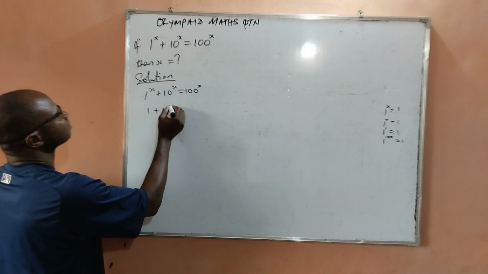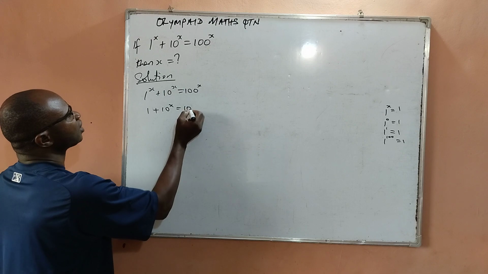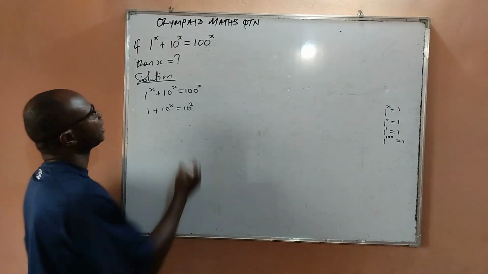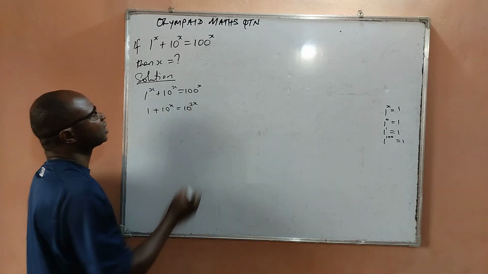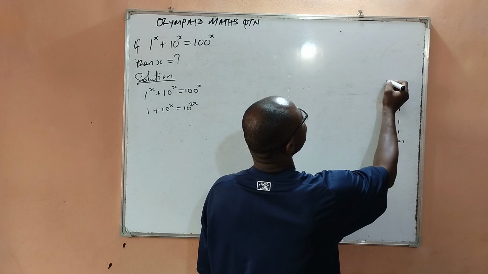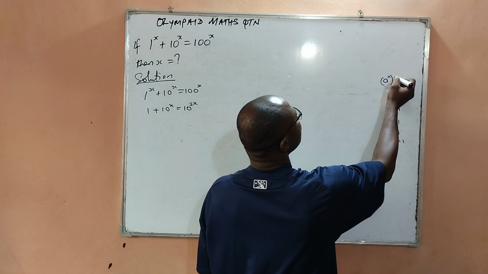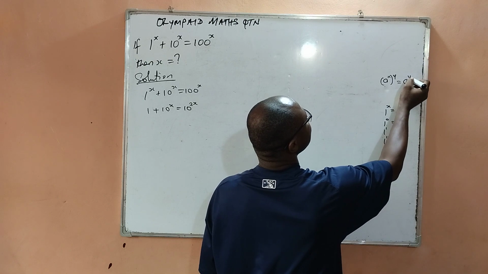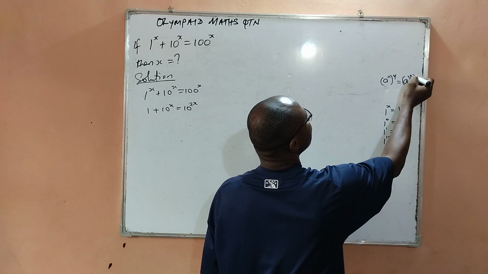Then plus 10 raised to power x equal to 100, and 100 is 10 raised to power 2, multiplied by x, which is 10 raised to power 2x. But in indices, if I have a raised to power x raised to power y, it is the same thing as a raised to power y raised to power x.